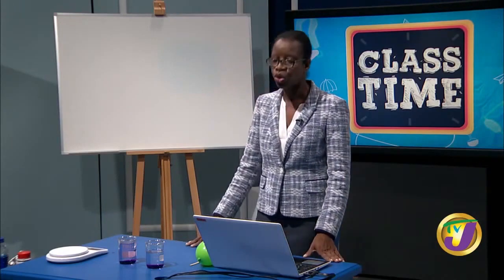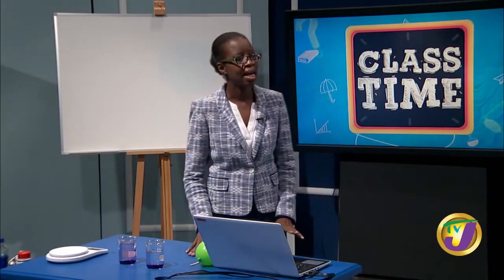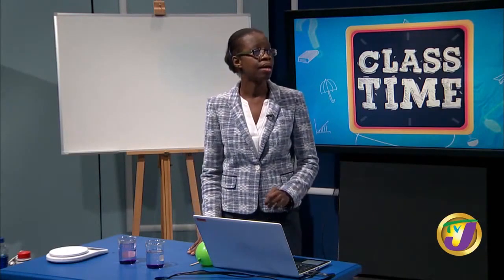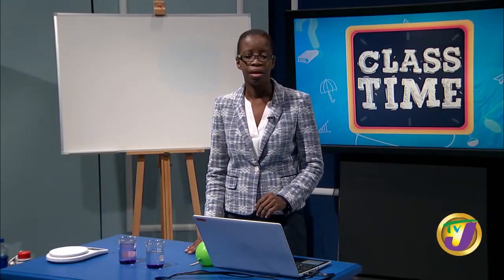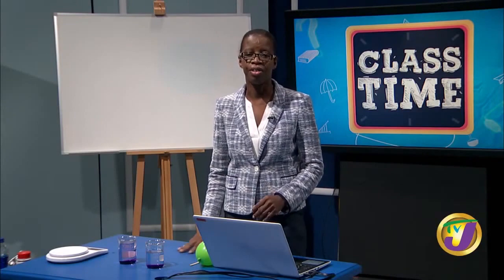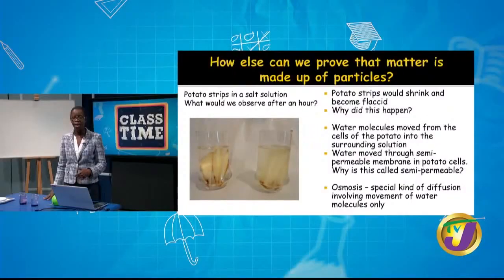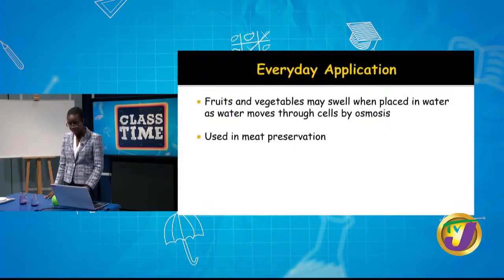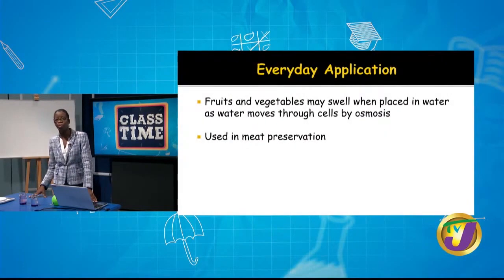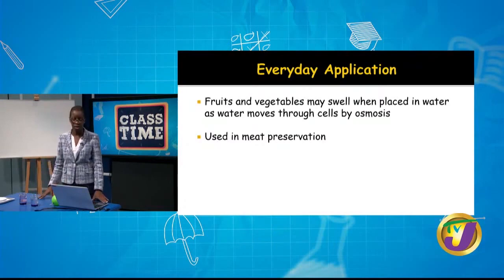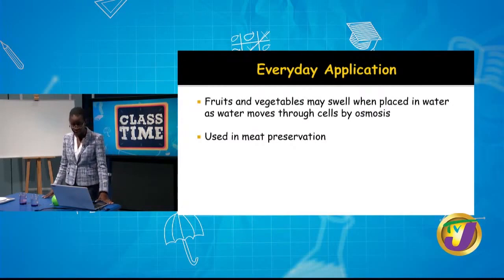Okay, so how can we now apply this process of osmosis? How can we see it applicable in our everyday situation? So consider what happens when you put fruits and vegetables in water. After some time, you will see that it swells, again, because the water is able to move through the cells by osmosis.